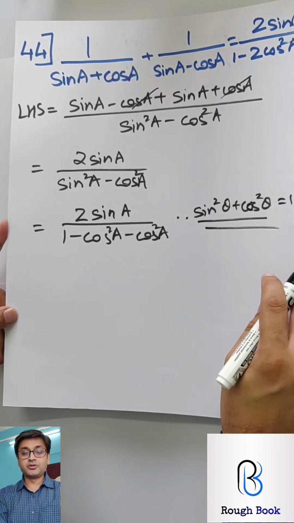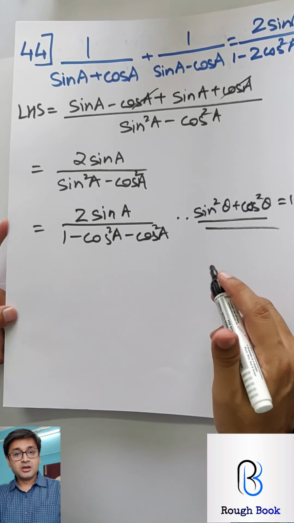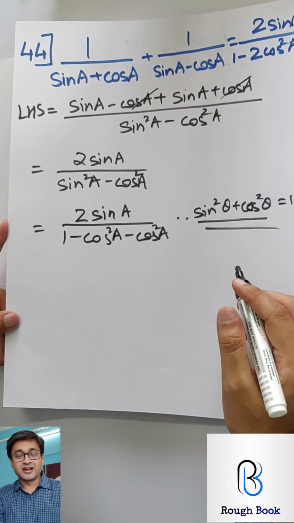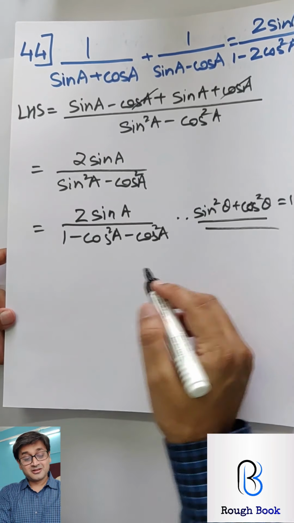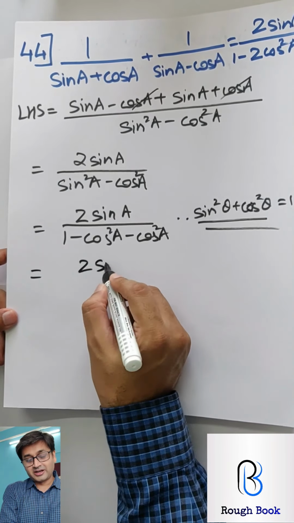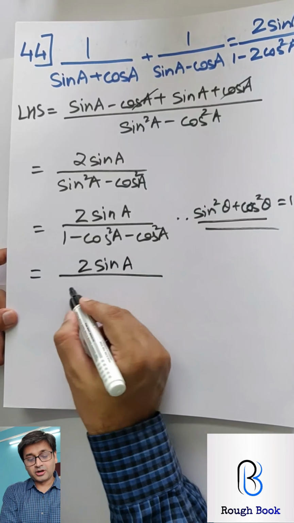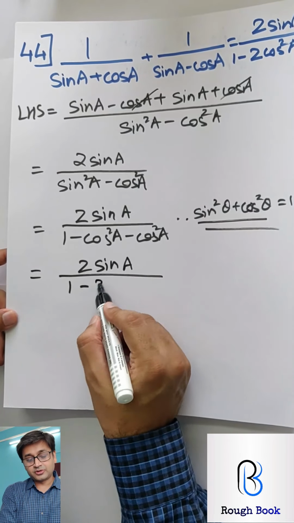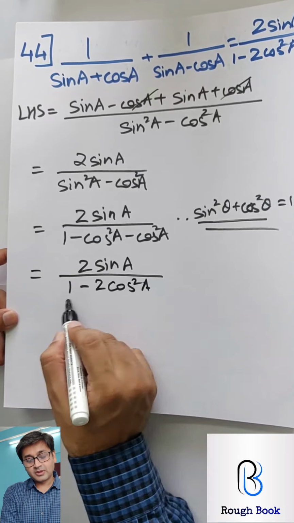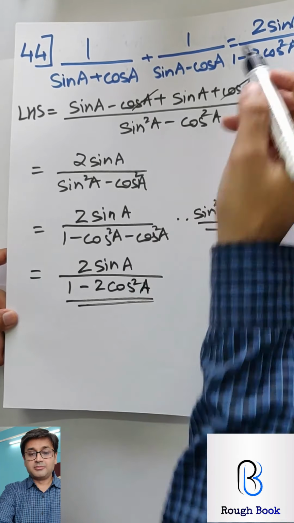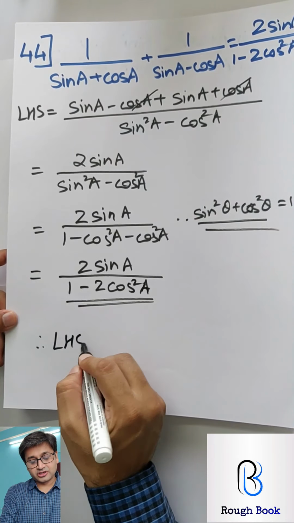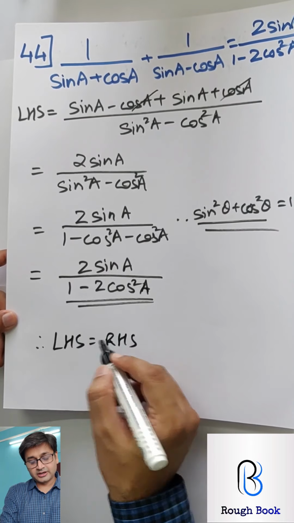By chance, if I happen to forget to write the reason, it's okay. My marks are not going to get deducted. But if you forget, gaya, marks gaya. So better write it. Upon 1 minus, both same, so 2 cos square. And there you go. It matched. So therefore LHS is equal to RHS.